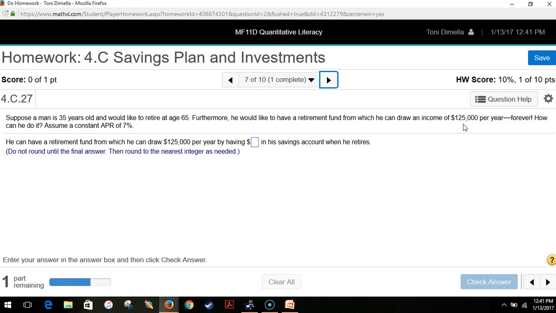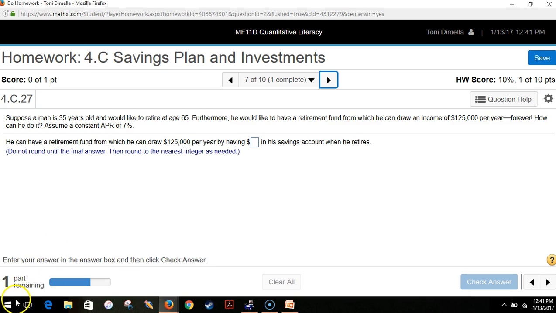The question is, how much money do I need to have in the account so that I can essentially live off the interest, right? And that there's going to be a base amount of money in there earning interest. And at the end of every year, or at the beginning of every year, I can pull out $125,000 like a salary.